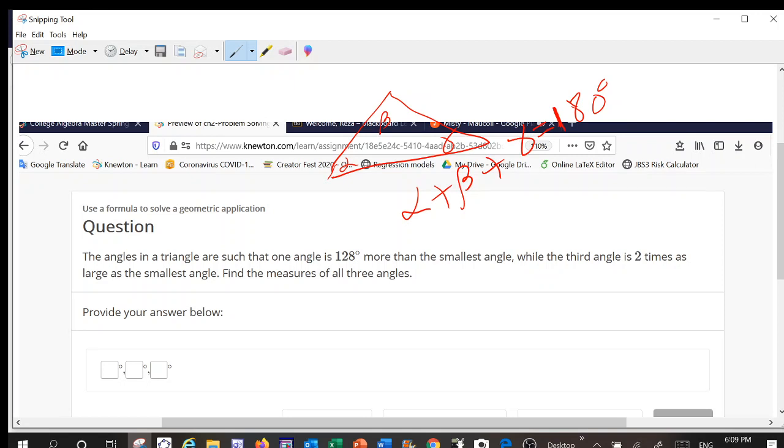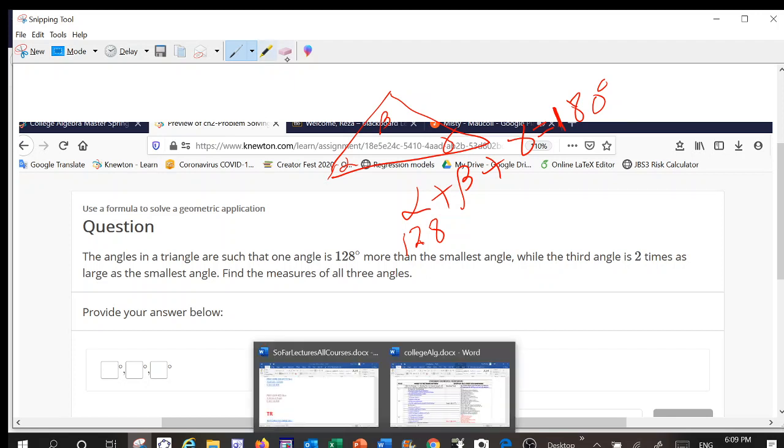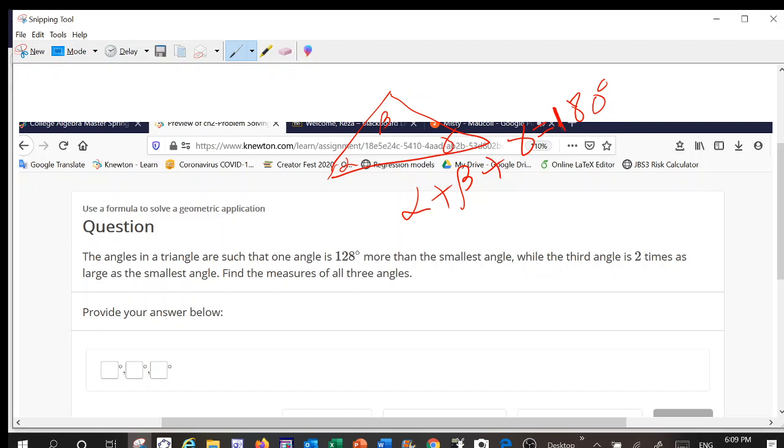Now, what do we know here? It doesn't matter which one's the smallest or largest, we just assume they are in the picture. So one angle is 128 more than the smallest angle.